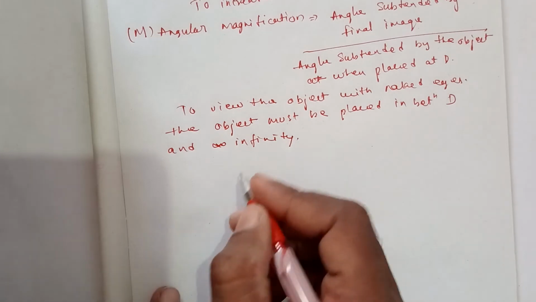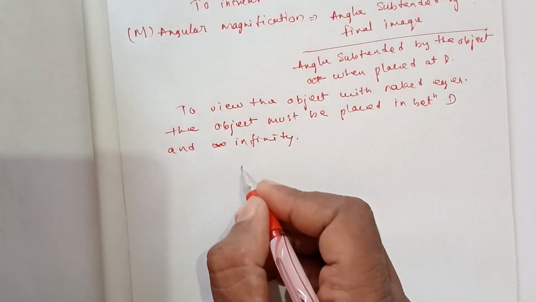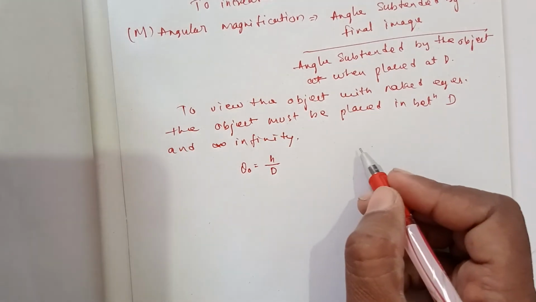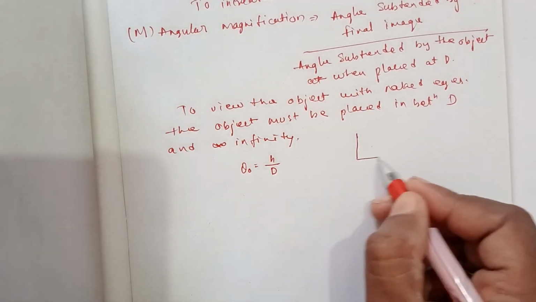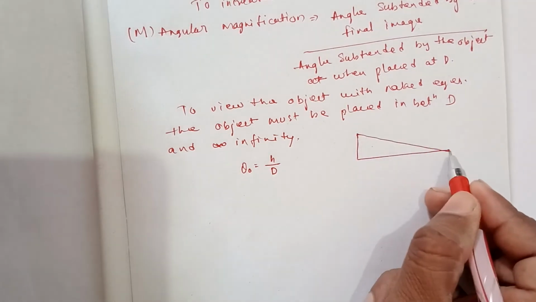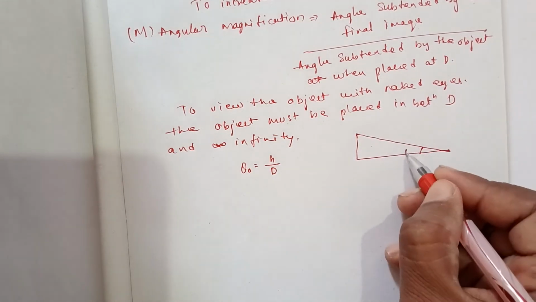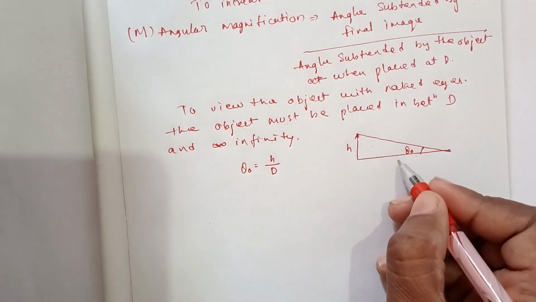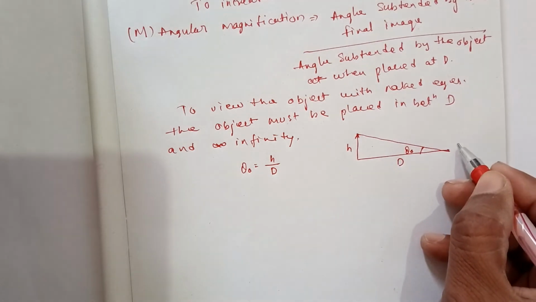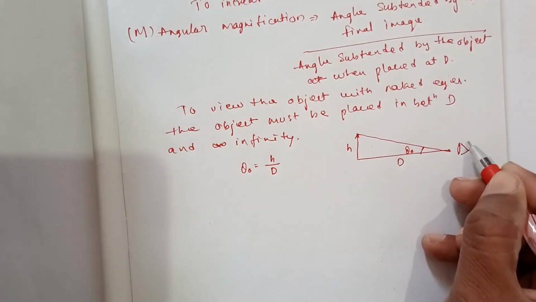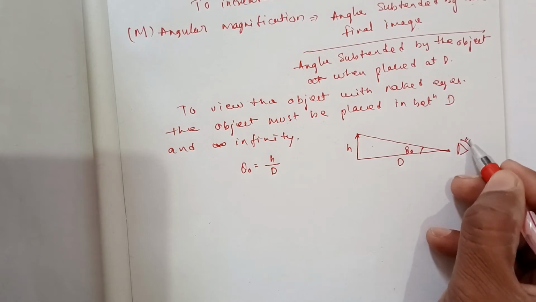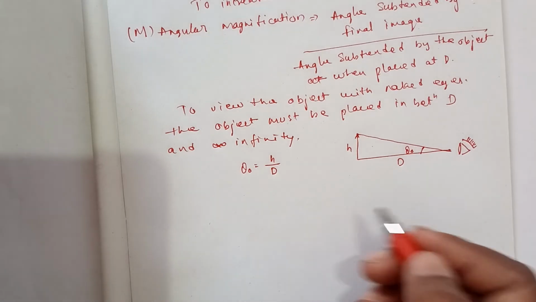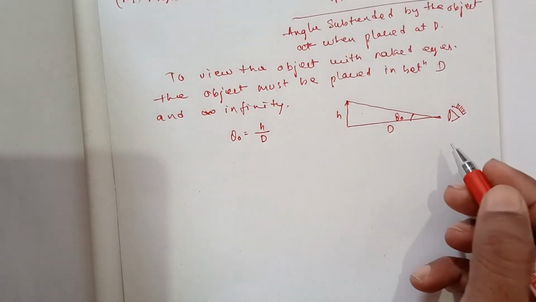So first we will discuss theta naught, that is equal to h by D, that can be described by this figure. This is theta naught, this is h, and this one is equal to D, and this one is the eye. What the simple microscope does is increase the visual angle.